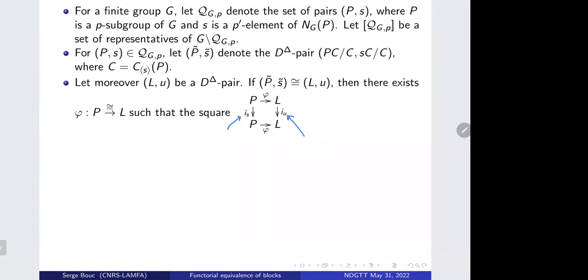So I didn't finish the assertion: this square is commutative.